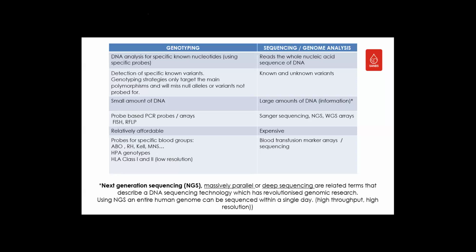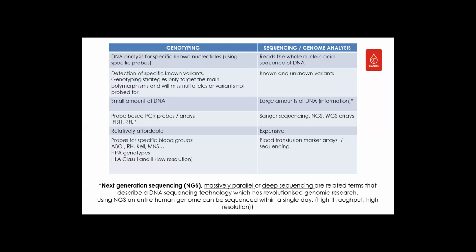Sequencing started with Sanger sequencing many, many years ago, and this has evolved to NGS. We use this term very loosely, but what it really is, is massive parallel or deep sequencing. So you get much, much more information: the genome is cut up, and you get parallel sequencing of all these little pieces of the genome at the same time.